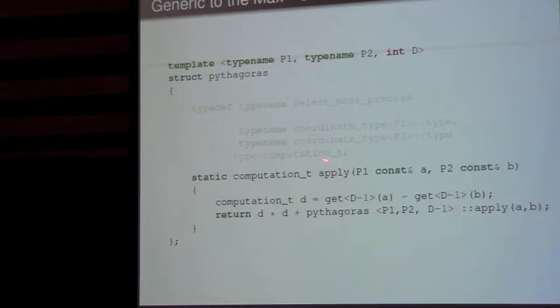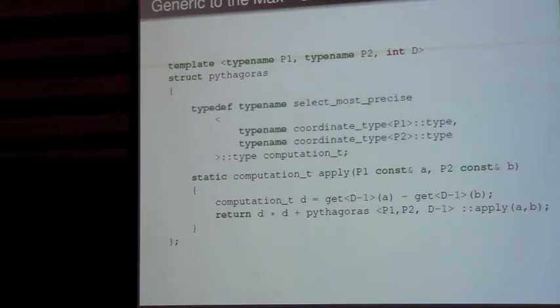So we have our computation type, and we just need to figure out what this is going to be. And we decided, for the moment, we're going to select the most precise type. So typedef typename. Why do I put typename?